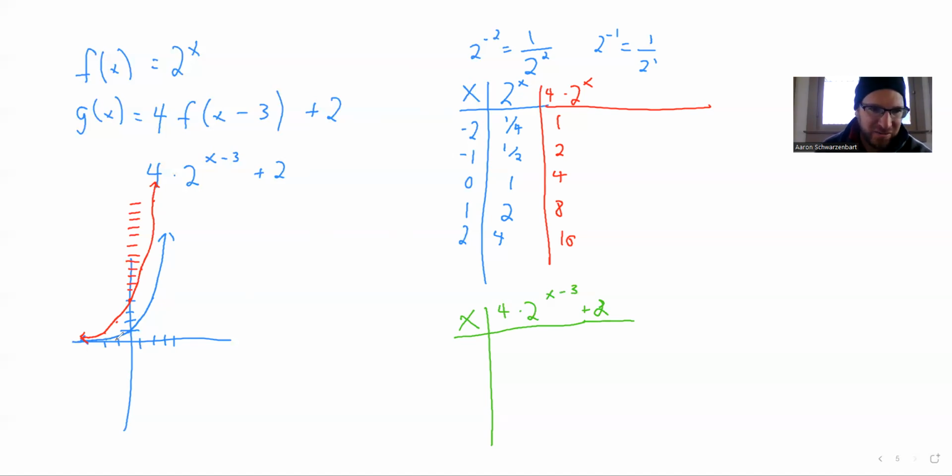I'm here at negative 2, I go right 3, 2, 1. I take this value, this is already my 4 multiplied by 4. So I multiplied my y coordinate by 4, and then I'm going to add 2 to it. This one shifted right 3 is 2. This one up 2 is 4.